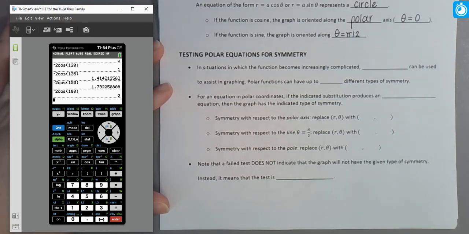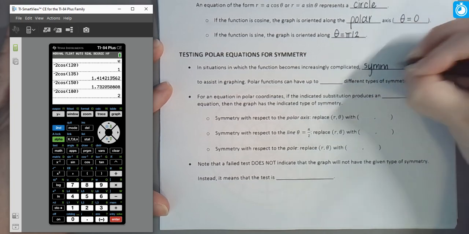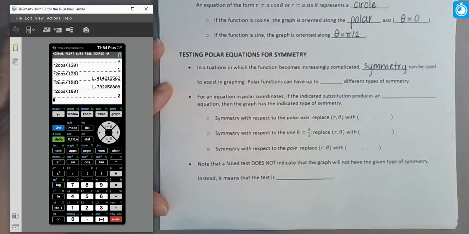Just as equations in x and y have potential symmetries, so do equations in polar coordinates. So in situations where the function that we're graphing becomes increasingly complicated, symmetry will assist us in graphing. If we know our equation has a particular type of symmetry, then generating points is kind of a 2-for-1. If we find one point, we know there may be a symmetric point to that.